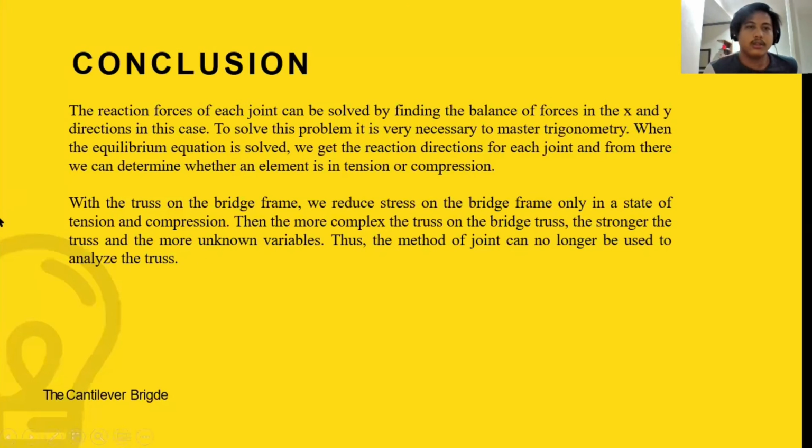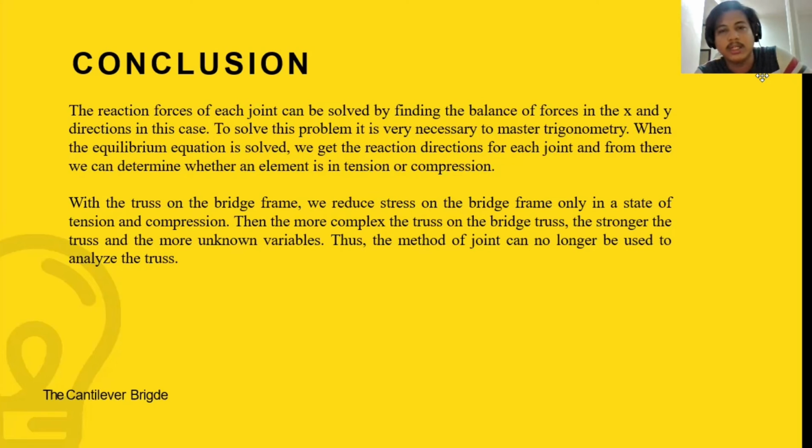Okay, the conclusion of this project. I have two conclusions for this project and for this bridge. For this project, the reaction process of each joint can be solved by finding the balance of forces in the x and y direction in this case.